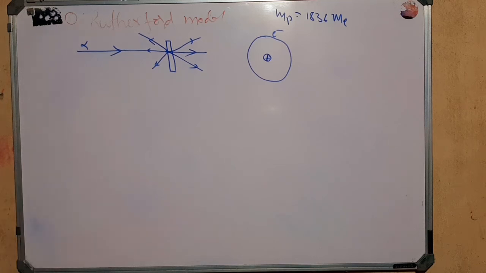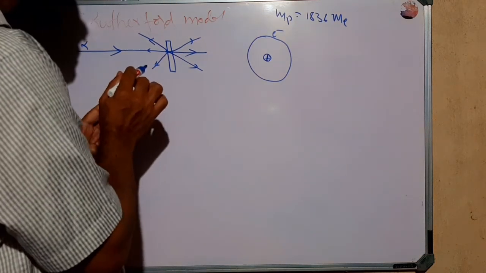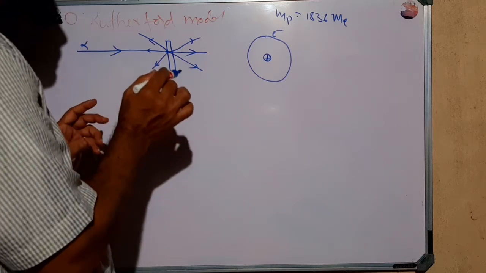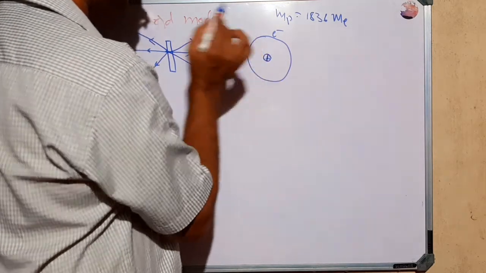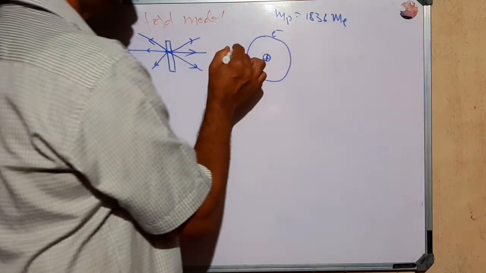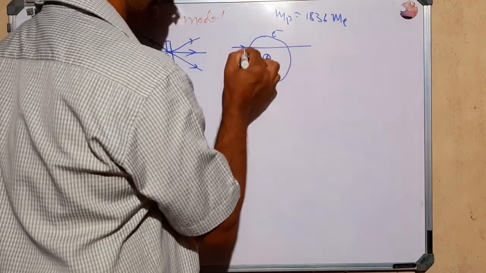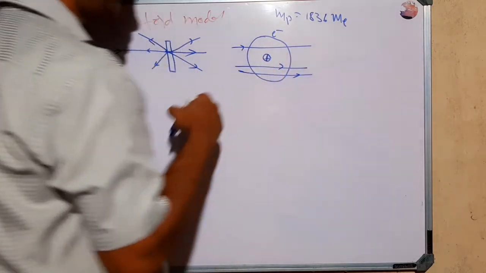So, from this experiment, what he concluded is that an atom consists of large empty space. Why? Because the maximum number of alpha particles pass without any deviation.